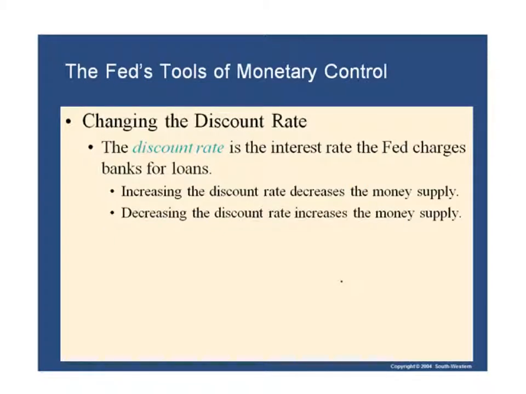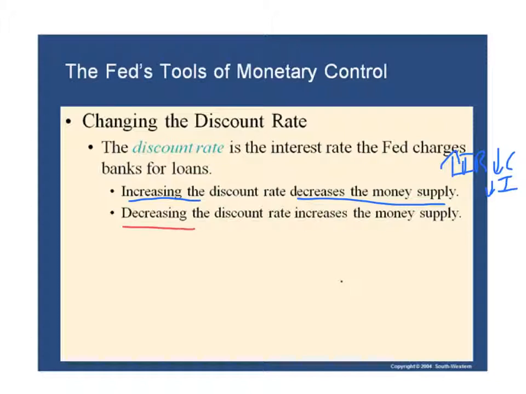The second lever, or knob, that the Fed has is the manipulation of the discount rate. The Fed could increase the discount rate, and that would decrease the money supply. That would raise interest rates, lowering consumption and lowering investment. That again is an appropriate response to an inflationary period.